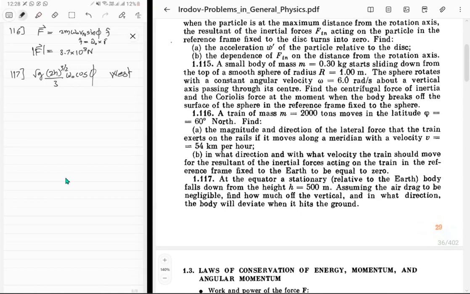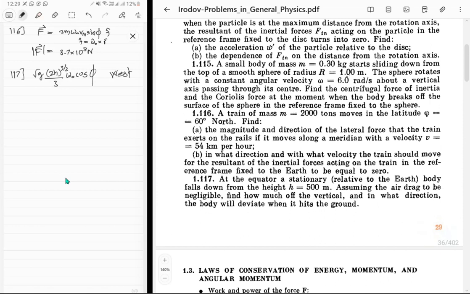So h is given as 500 meters. 2 times that is 1000 meters, so 1 kilometer. Wait, what? 1000 to the power 3 upon 2? Why do you want 1000 to the power 3 upon 2? That's it, I'm not doing it any further.